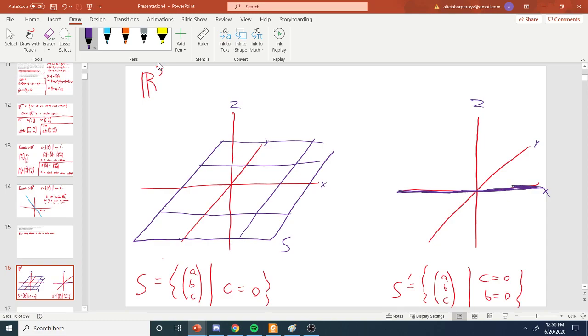So even though S and S prime are both subspaces, note how different they look. Again, I haven't defined dimension, but morally, S is two-dimensional. And again, morally, S prime is one-dimensional.